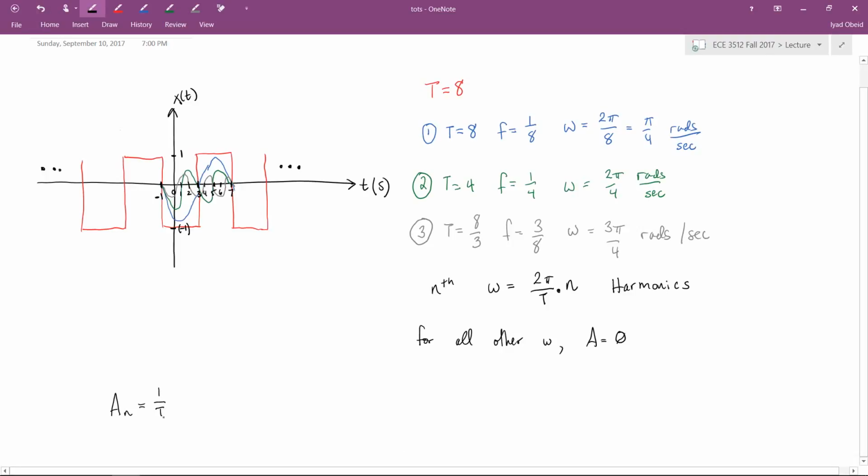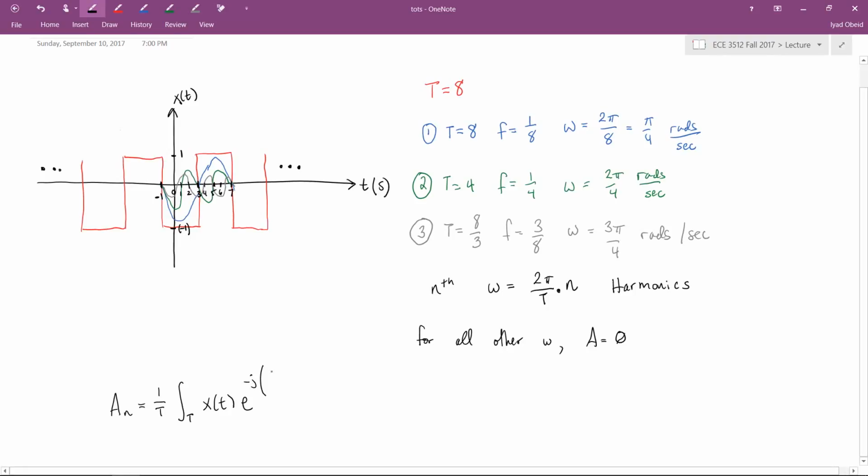So how much cosine do we have at the frequency of the nth harmonic? Well, we have 1 over T times the integral over 1 period of x of t times, now before I told you it was e to the j omega t, but now we're seeing that omega is really restricted. Although in theory I could pick any omega I want, in reality I'm only going to be picking harmonics of the signal that I'm analyzing.